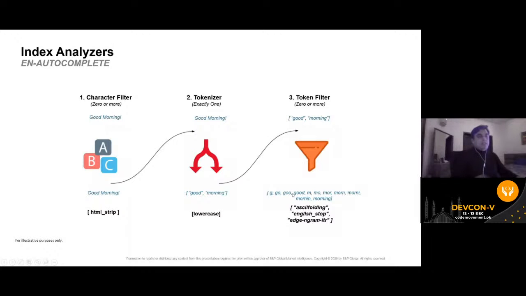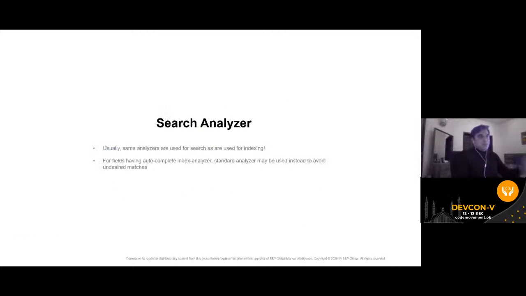So what we want is that at index time the autocomplete analyzer should be used, but when I type my search string, it should be analyzed with the standard analyzer, so that as soon as I type GR, this document becomes irrelevant, and some other document where the word great or some other word starting with GR occurs starts coming on top. So that's the only scenario where you may want different analyzers for a particular field. Otherwise, the analyzer for a particular field usually remains the same.